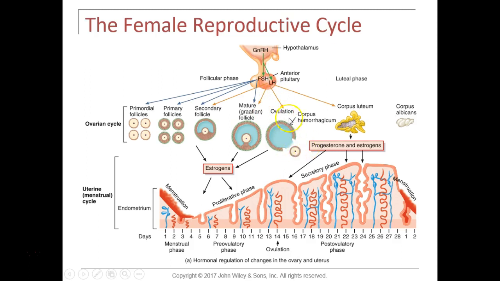And after ovulation, we have what's called the luteal phase for the ovarian cycle. The luteal phase is the phase during which the ruptured Graafian follicle develops into the corpus luteum. And the corpus luteum is the hormone producing structure in the ovary post-ovulatory. So after ovulation, this is where the hormones come from.